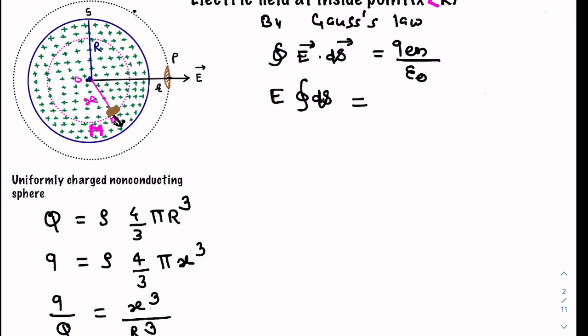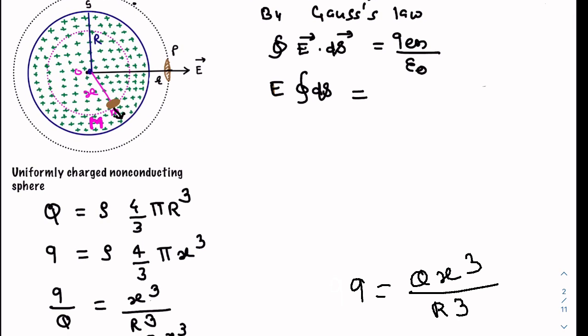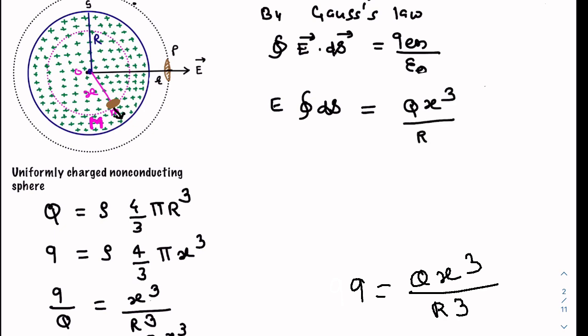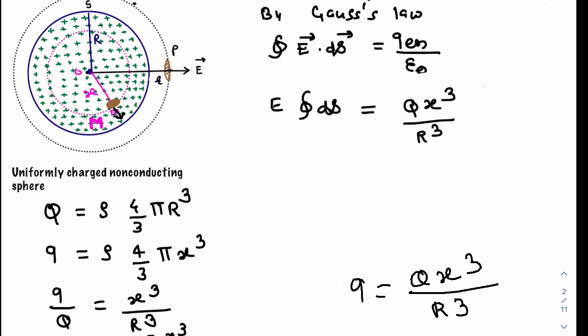It means q equals capital Q x cube by r cube. This gives the charge enclosed by the Gaussian sphere. Now the charge enclosed is Q x cube by r cube. The integration of ds is the area of this Gaussian sphere, 4 pi x square.